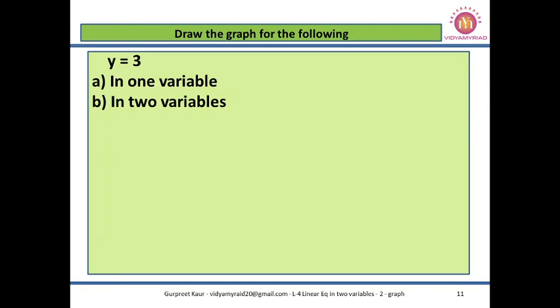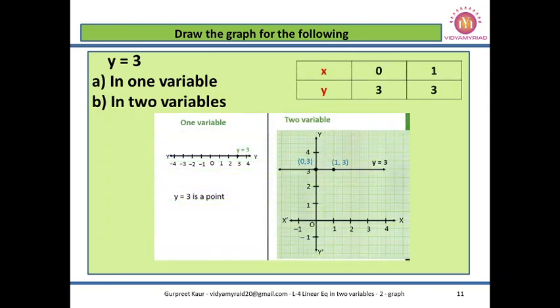Let us draw the graph. You are given y = 3 only. In the case of one variable, what will you do? You will draw the y-axis and you will show that y = 3. You will plot like that. But in the case of two variables, your y will remain as 3 and your x will change accordingly. You can take 0, 1, 2, whatever numbers lie on that straight line.